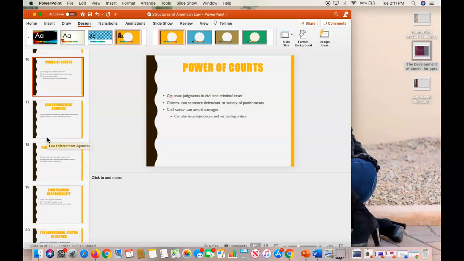Now, the punishment is different for a criminal and a civil case. For a criminal case, if the defendant is guilty, the court can sentence the defendant to a variety of punishments. In a civil case, if the defendant is liable, the court can award damages.